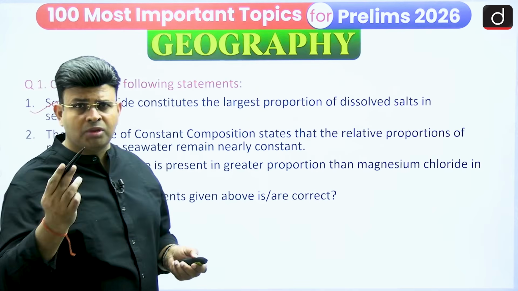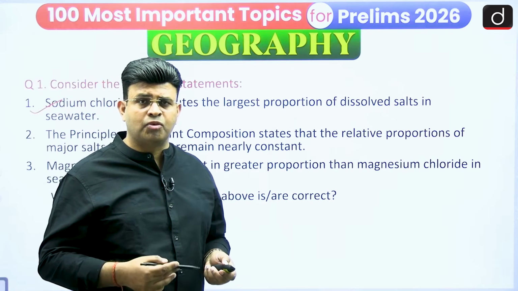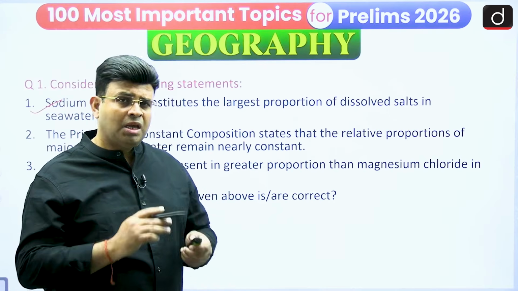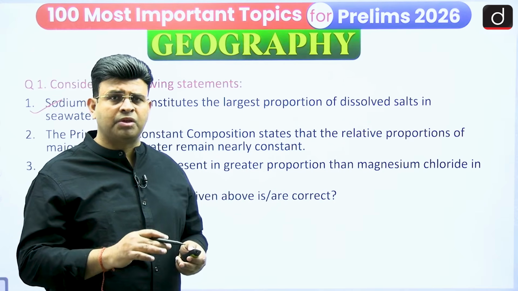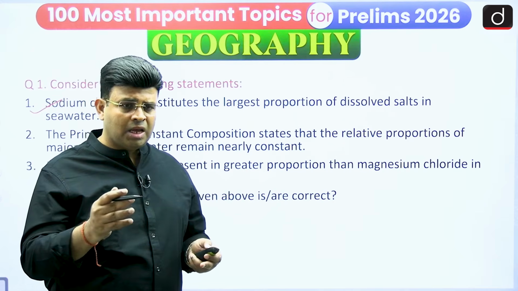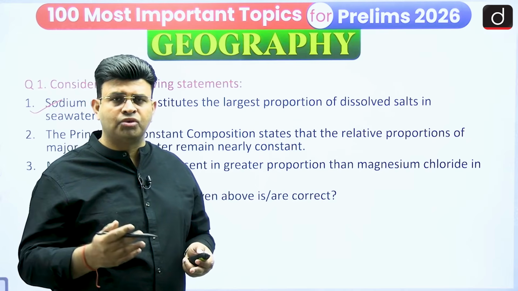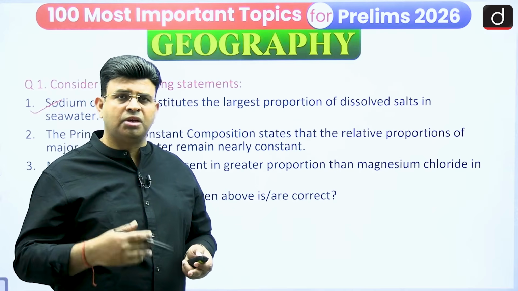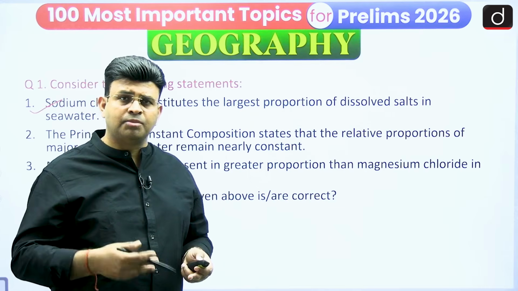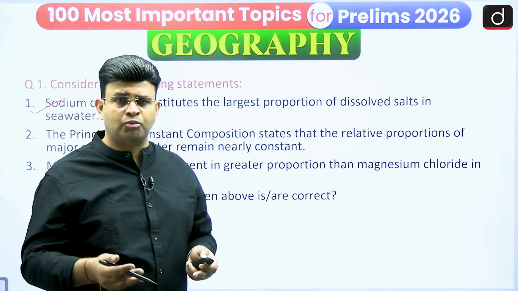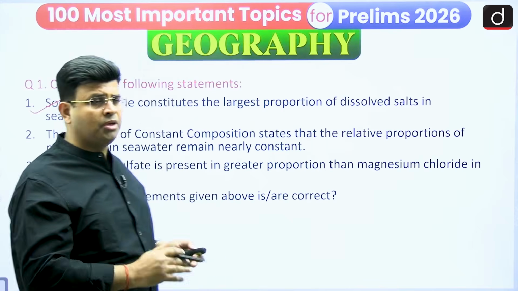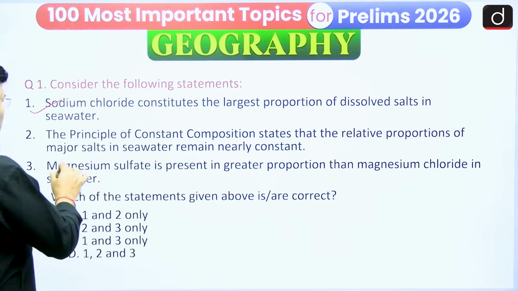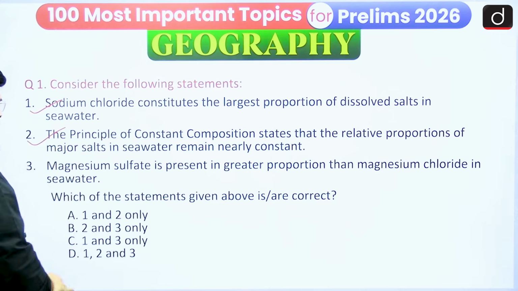Yes, sodium chloride has the highest share, around 77.7%, then magnesium chloride 10.9%, magnesium sulfate 4.7%, calcium sulfate 3.6%, and potassium sulfate 2.5%. This constant proportion is always the same anywhere in any ocean, so this statement is correct.